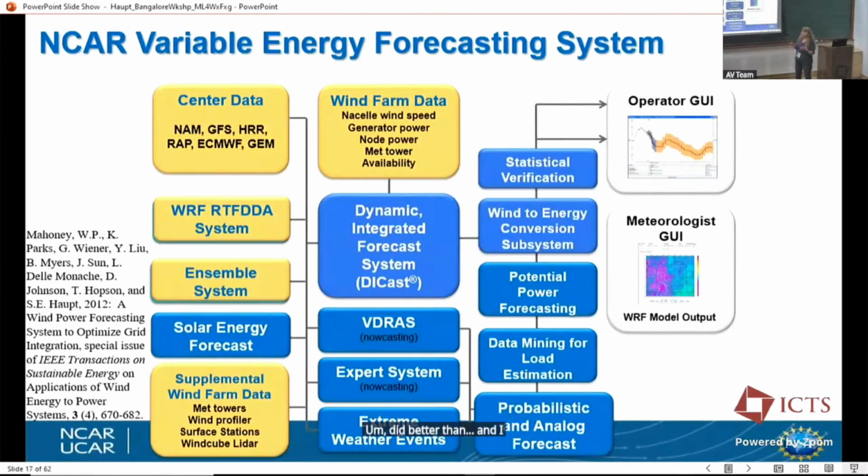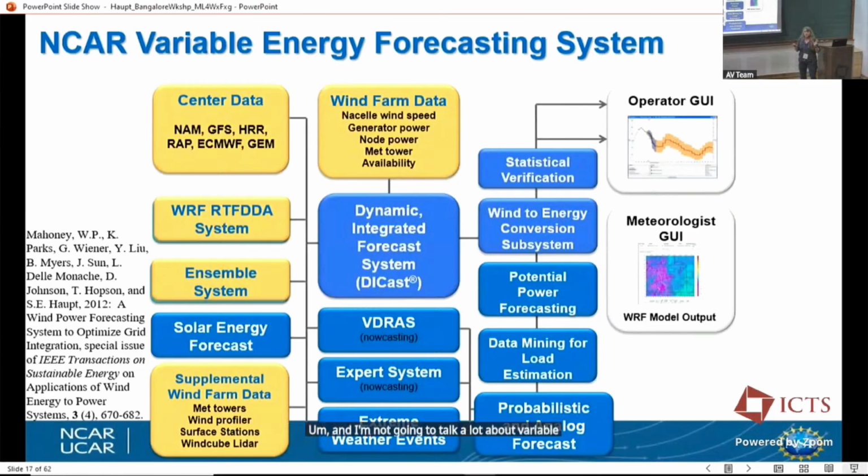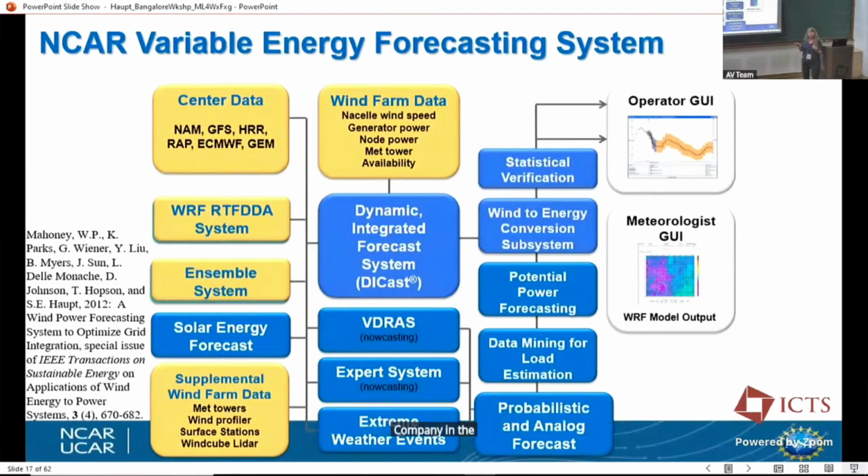I wasn't even at NCAR when they built this, but I was there when we started using it in our renewable energy systems like here. And I'm not going to talk a lot about variable renewable energy forecasting. The first system we built was for Xcel Energy. They were the first company in the US who deployed wind energy at the levels where they were having problems and realized they needed customized forecasts.